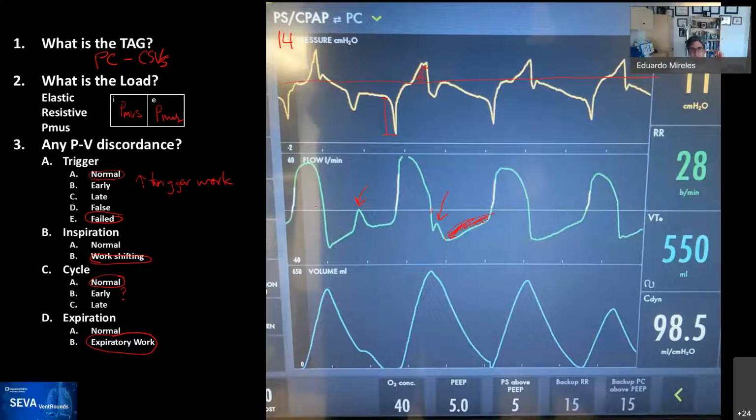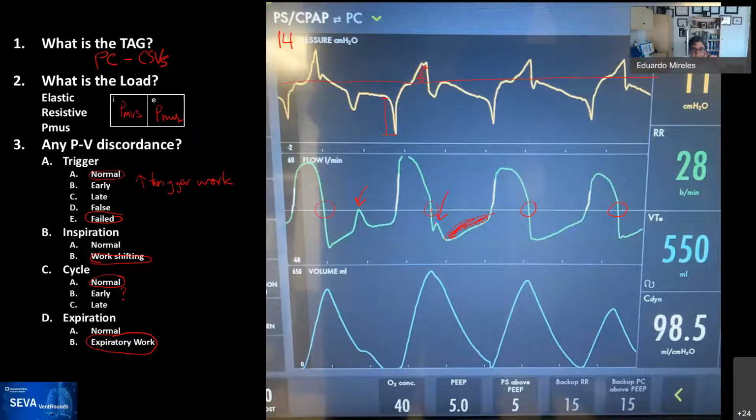You can see that as he crosses the flow, there is no evident pause that would tell me that this is a late cycle causing this peak.